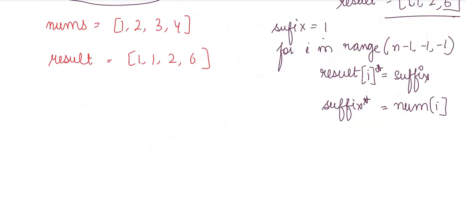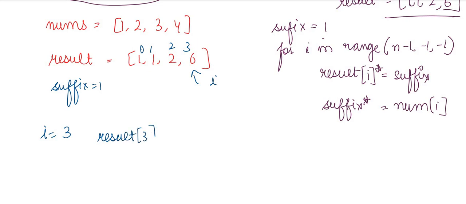Just a minute, I will show you that also. So what we will do in suffix is, to the same result array that we have, initially we will take suffix value as 1. This time I will start from the last index, which is 3. So initially the value of I is going to be 3. What we have to do is multiply result of I, which means result of 3, with suffix, which means 6 multiply by 1, which is 6 only.